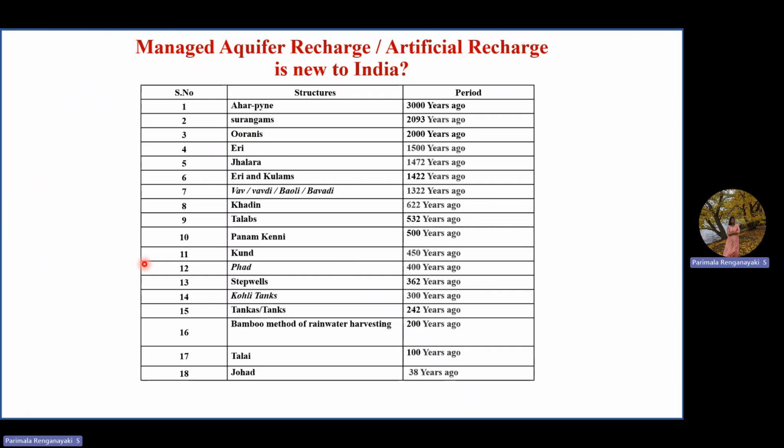Agar, Surangans, Uranis, Eri, Jallara, Eri and Kulams, Kadin, Talabs, five examples.